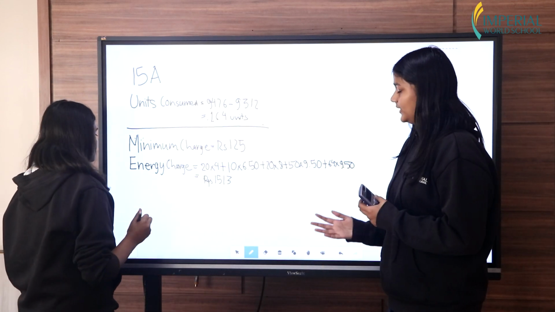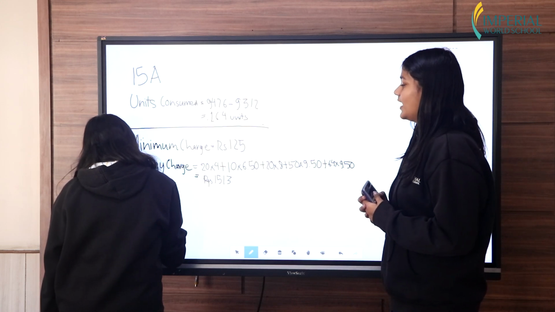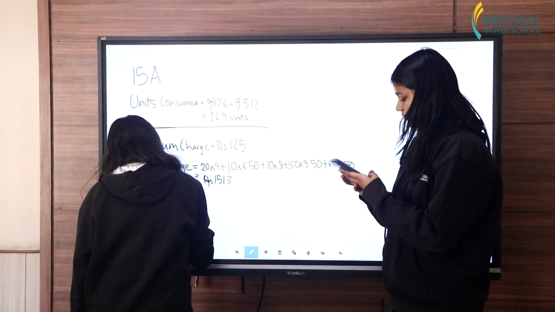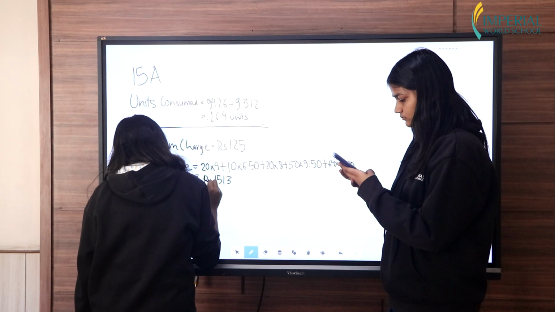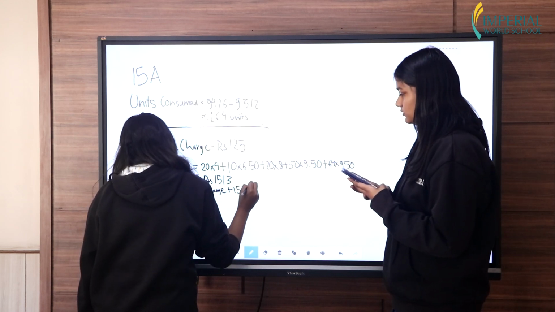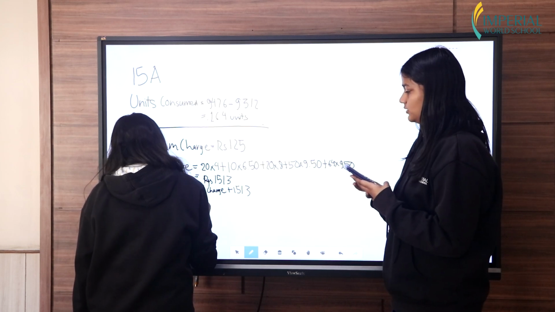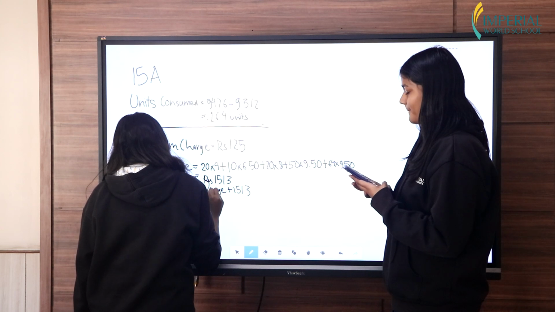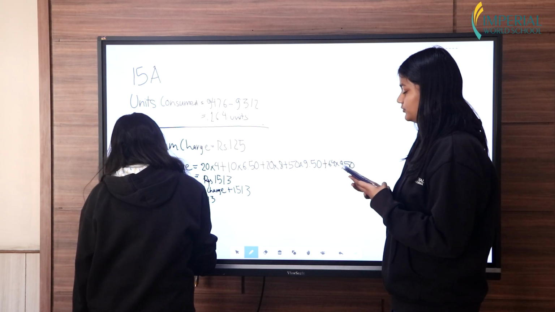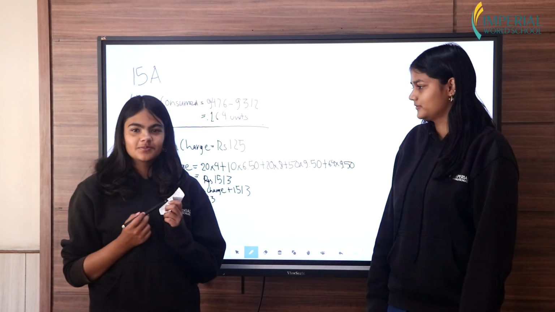To find the total bill, now we must add the minimum charge with the energy charge, which is 1638 rupees in total. 1600 38 rupees. So this is the total calculation for this bill.